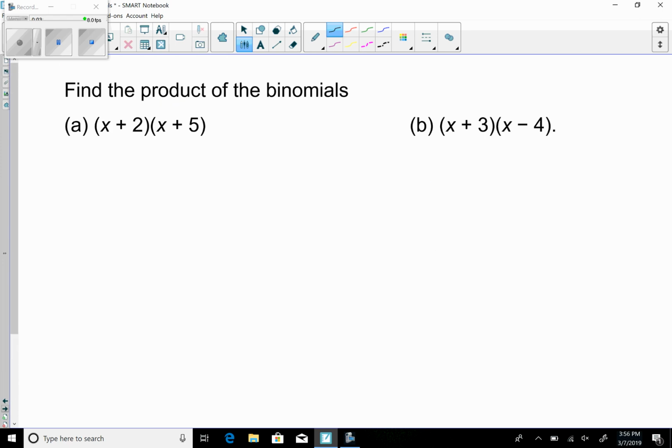So let's take a look at this first example, letter A. If we're going to do the FOIL method, you've got your x plus 2 and your x plus 5. For this one we don't really have to worry about the signs, but on the next one you're going to have to pay really close attention to the signs.